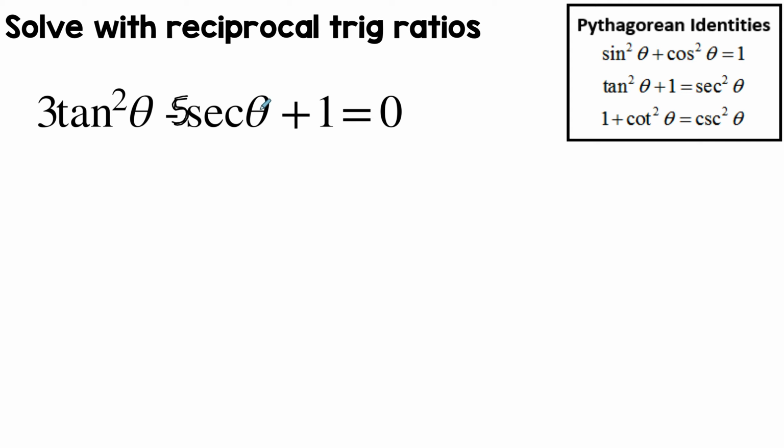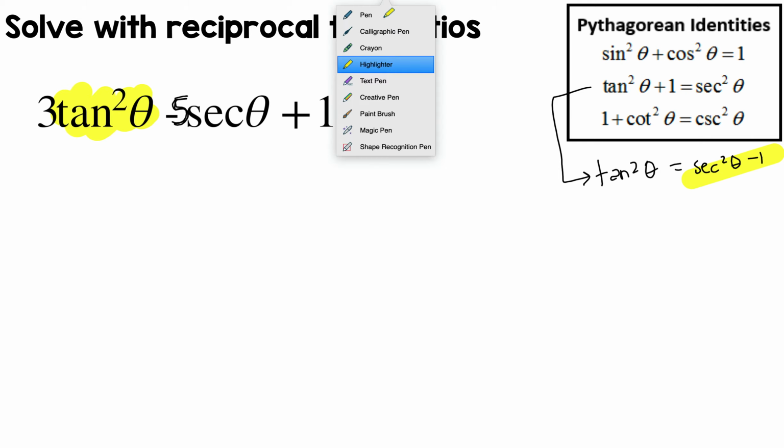So I can't replace the secant, I have to replace the tan squared. So I know that tan squared theta, just rearranging the second one, is equal to secant squared theta minus 1. So what I'm going to do is just replace this tan squared with this expression.